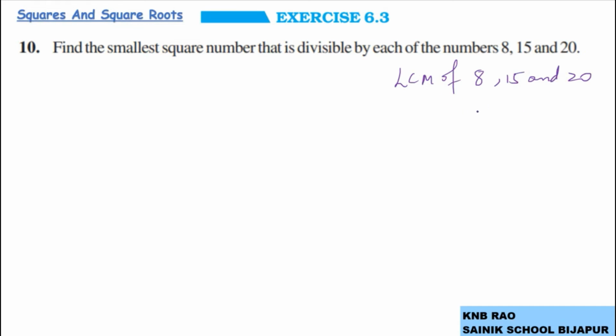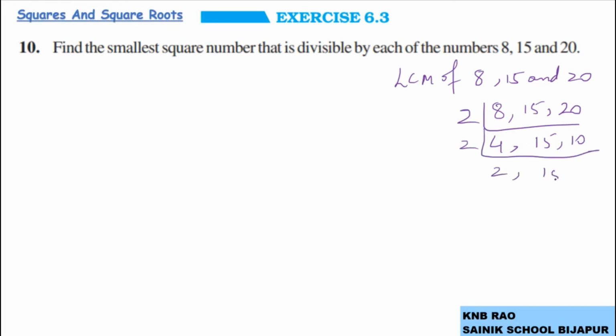You know the procedure. 2 4s are 8, 15 comes as it is, 2 10s are 20, then 2 2s are 4, 15 comes as it is, 2 5s are 10. Next, 2 comes as it is, 5 3s are 15, 5 1s are 5.